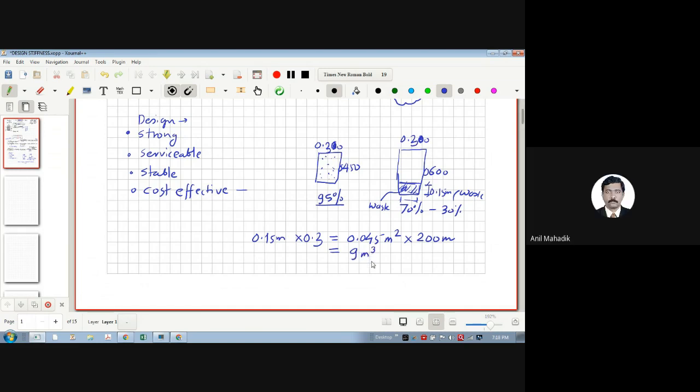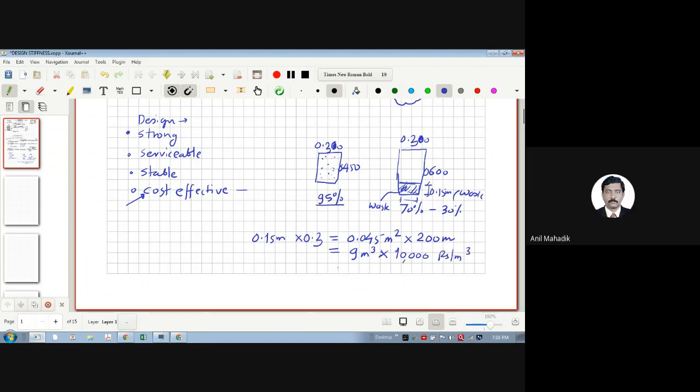So you are putting extra 9 meter cube material because you are maybe not giving much importance regarding the cost and all. Let's say you are feeling insecure and you are putting additional concrete. And 9 meter cube into the general rate of the concrete, material and shuttering material both, today's rate is let's say 10,000 rupees per meter cube.